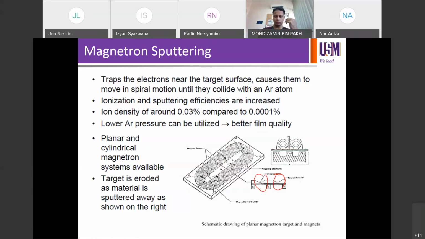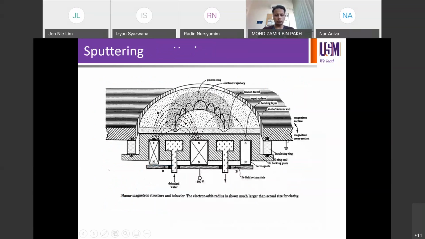So it's due to the use of magnetron in the system. If you get to do your internship in a sputtering process or thin film deposition process department, later on you can see how the target erosion evolves over time. So here is another representation of the magnetron, okay.